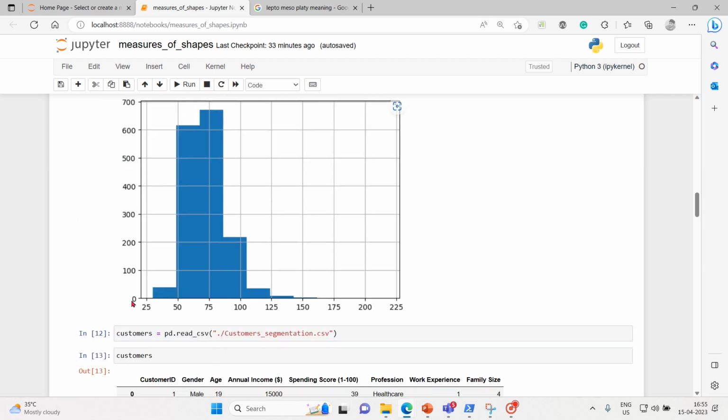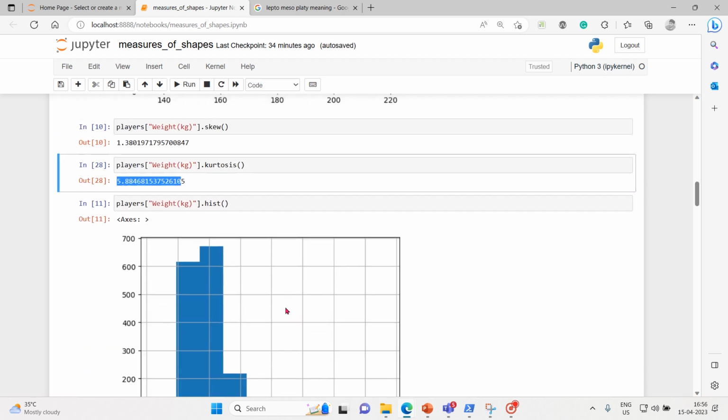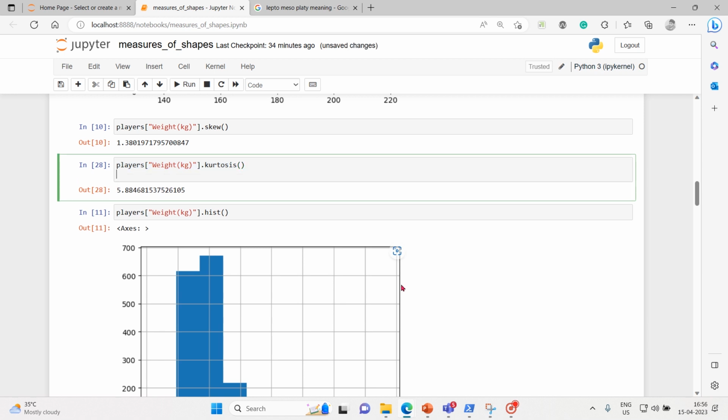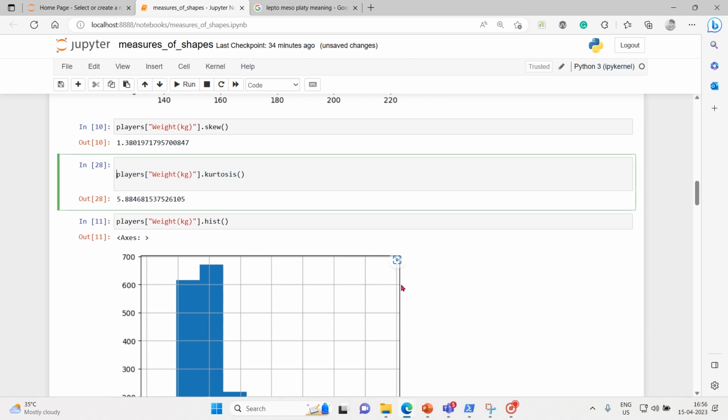You see the heavy tails, and it is more peaked. If it is greater than 0, the tails are heavy, and the peak in the center is also heavy compared to the normal distribution. You see that it is heavily peaked as well as heavy on tails. That's what is called leptokurtic. Let me put it here.